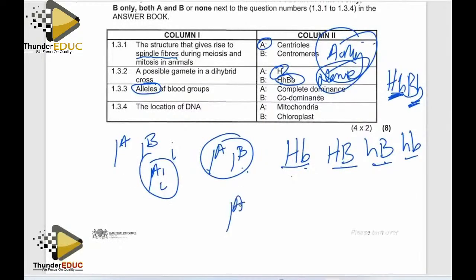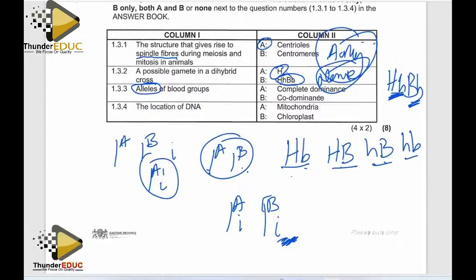So it is A. If I have B, like that, it is completely dominant because this one is completely dominant over this one. So it's complete dominance. So for alleles of blood groups, there is a discussion about it, and they must do the discussion.